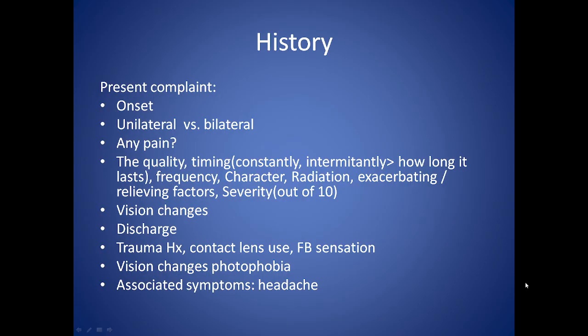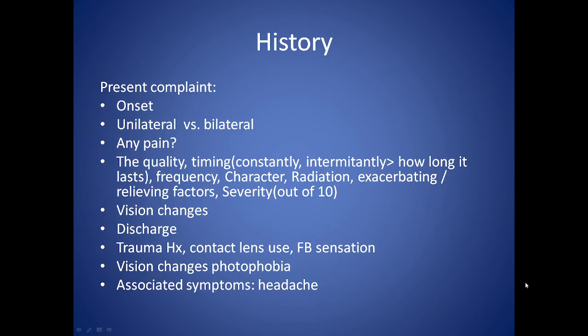Then we ask about the onset, if it was sudden or gradual, if both eyes are involved or just one, if they have any pain, based on the abbreviation that you prefer to use, for example SOCRATES or PQRST.